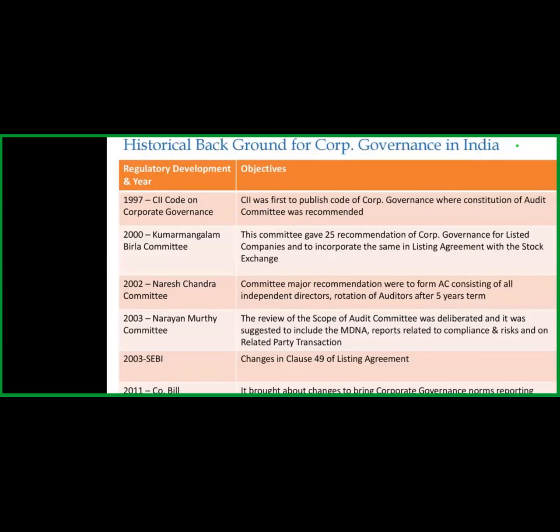For that, CII, that is the Confederation of Indian Industry, came up with an idea of constitution of Audit Committee. That audit should be properly done. Very important. There has to be responsibility and accountability imposed on the auditors.